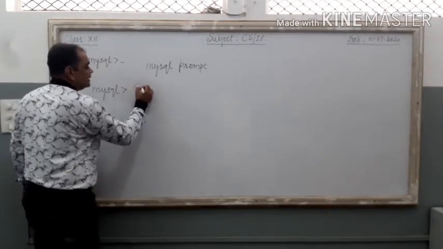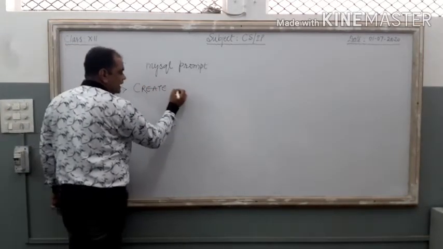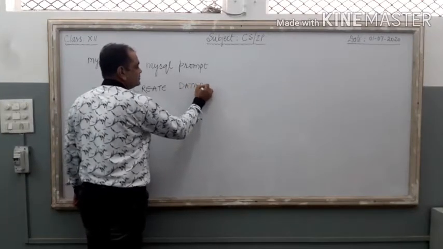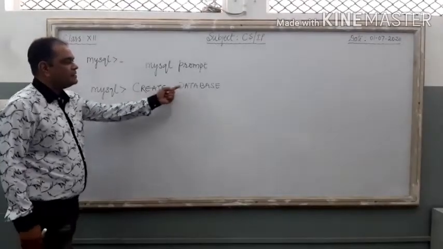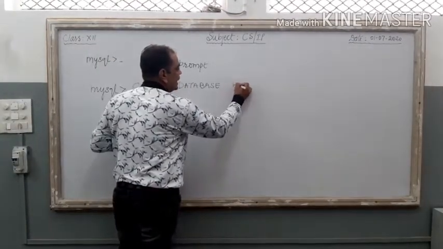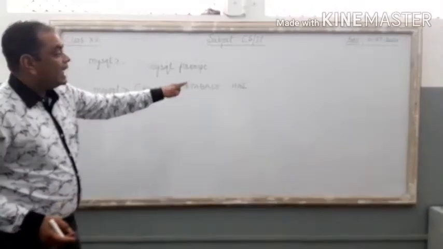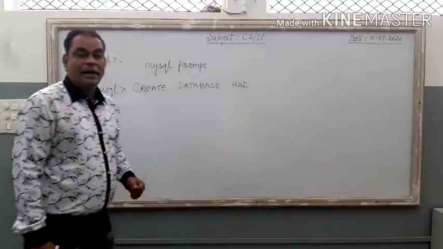Here, my command is create, then space, then database, then space. Now you have to give the name of your database. I am going to create a database with the name HGI. So I have written HGI over here.